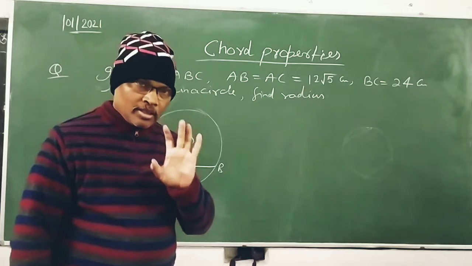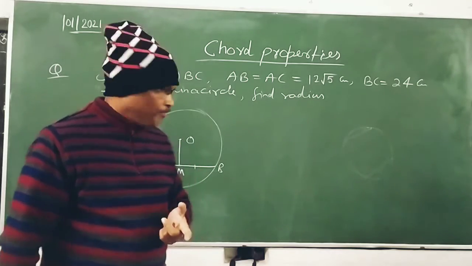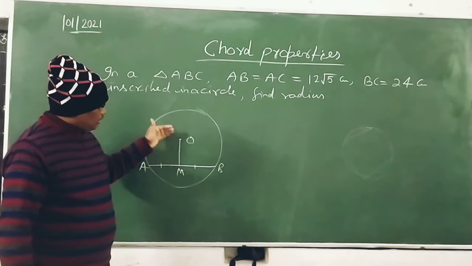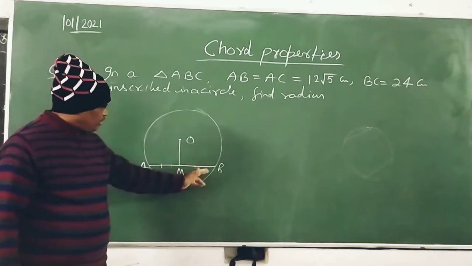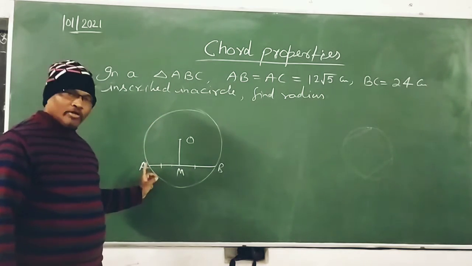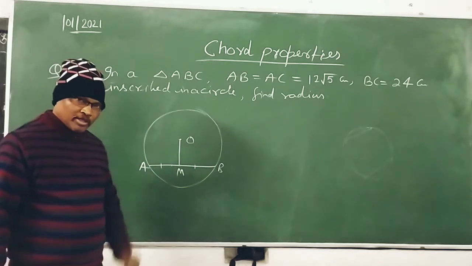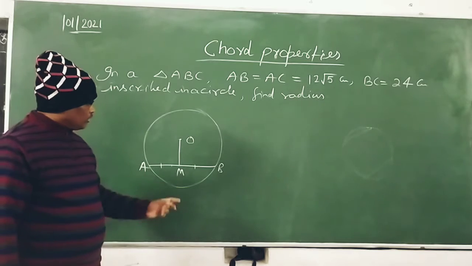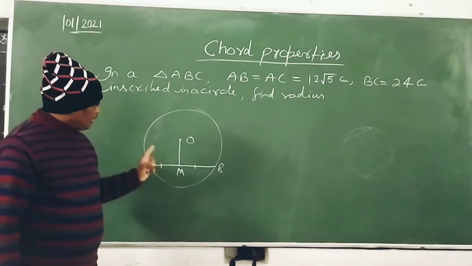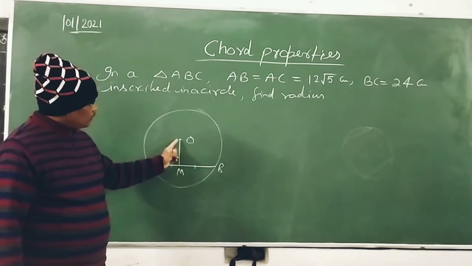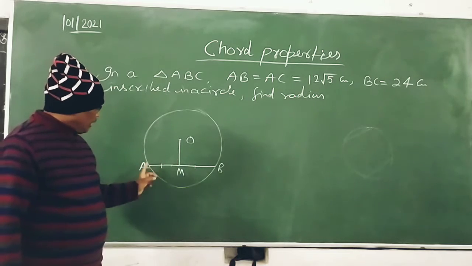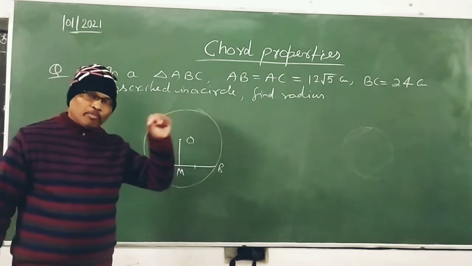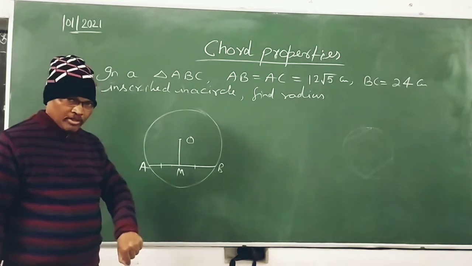So there are three theorems altogether. First, a line which is perpendicular to the chord AB and passes through the center will divide the chord AB into two equal parts. Second, a line which passes through the center and divides the chord AB into two equal parts will be perpendicular to AB.